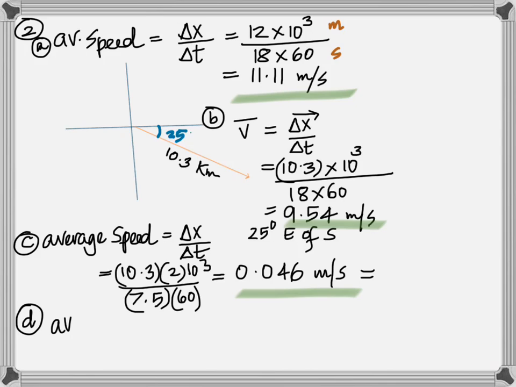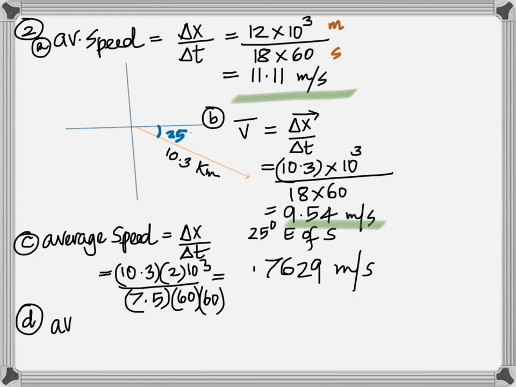So again, I had to multiply that with a 60 to change it into seconds. And then my answer changes. So let me calculate that. Now you get it as 6 divided by 60. So when you do all that, you get 0.7629 meters per second.